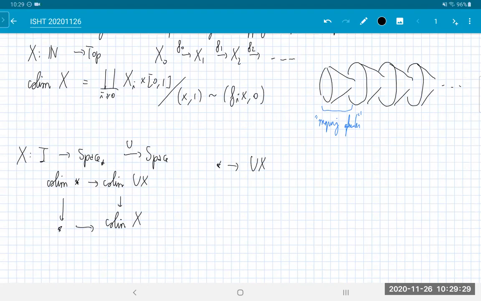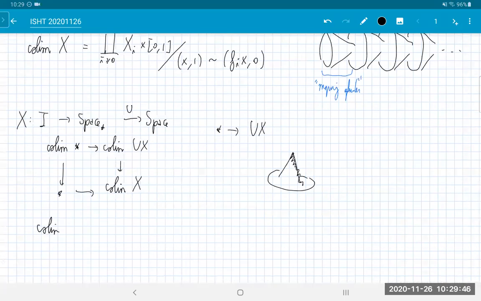So for example, for the mapping cone, you take the mapping cone in spaces, but then you have to collapse this constant colimit of the point. So the colimit of X is the colimit of X, when I forget the pointing, modulo the colimit of the base points. And what happens is that for filter colimits, this guy is already contractible. So I'm not doing anything.